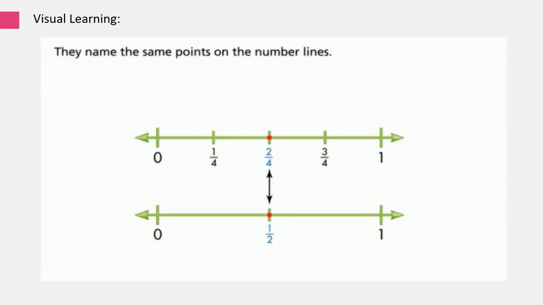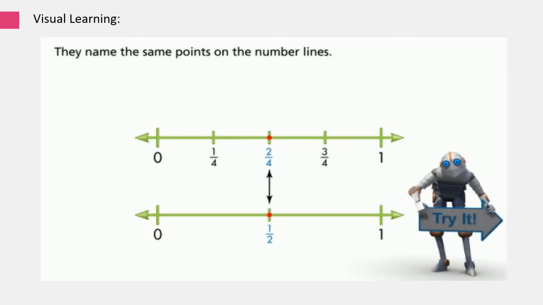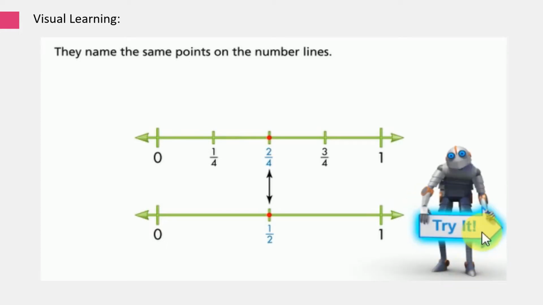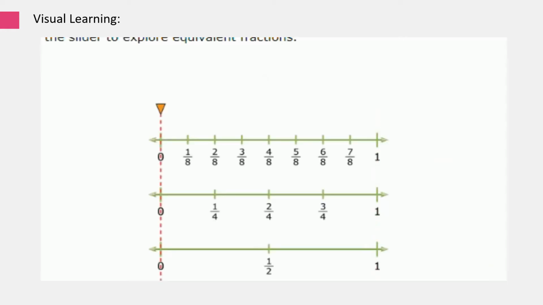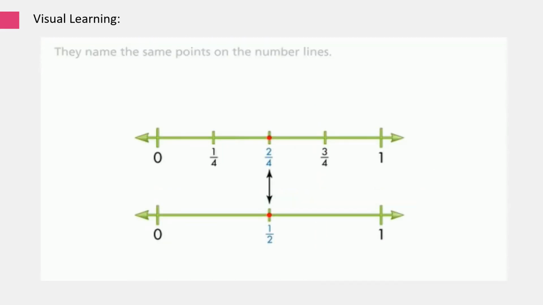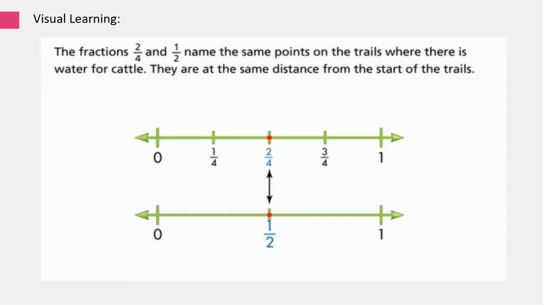They name the same points on the number lines. The fractions 2/4 and 1/2 name the same points on the trails where there is water for cattle.